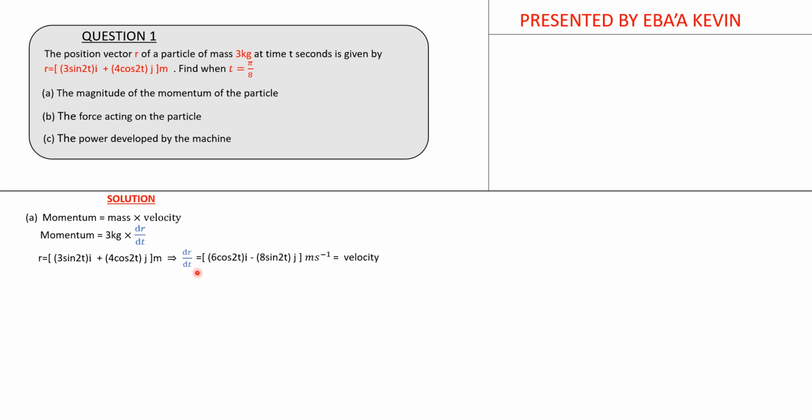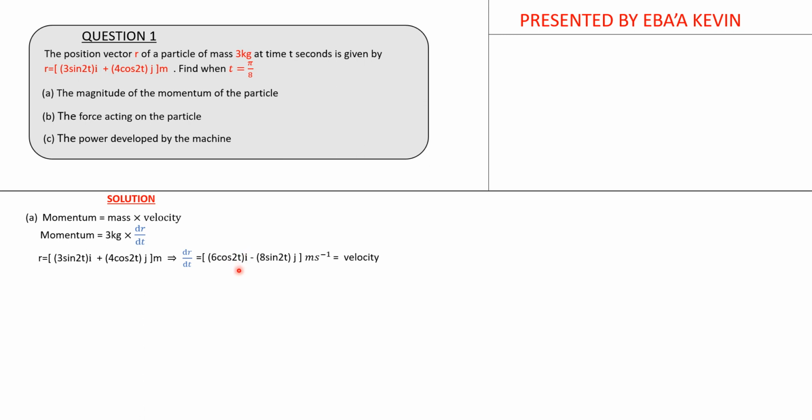How did we get this result? Actually, it's very easy. Once you differentiate, first of all you differentiate 2t with respect to time, so you obtain 2, and you multiply that 2 times the 3, which gives 6. Once we differentiate a sine function, we obtain cos, and at the end you put back that 2t.